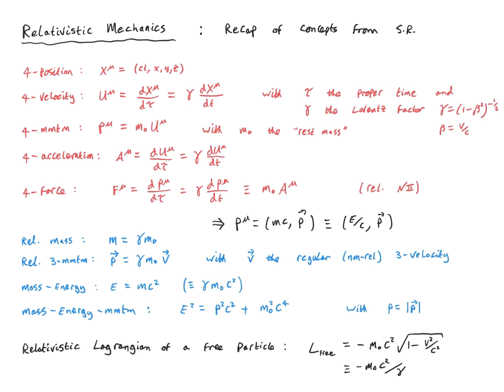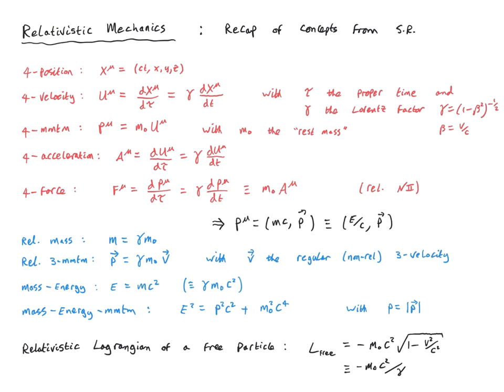Finally, we'll be taking a look at the relativistic Lagrangian and looking at the relativistic formulation of Lagrangian mechanics. For a free particle, we derived in an earlier lecture that this takes this form, minus m0 c squared over gamma.